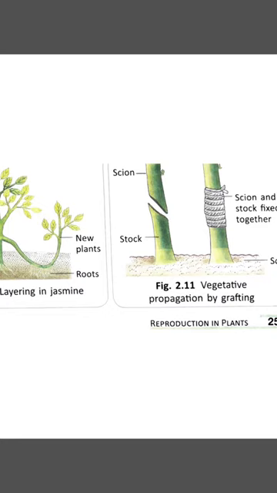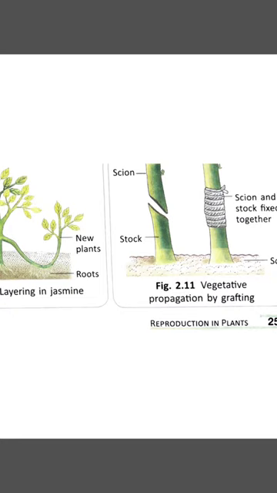Okay, after that we adjust the scion and the stock so that they fit with very minute gaps between them, tie them up with a ribbon or rope and leave it for a third or fourth week.